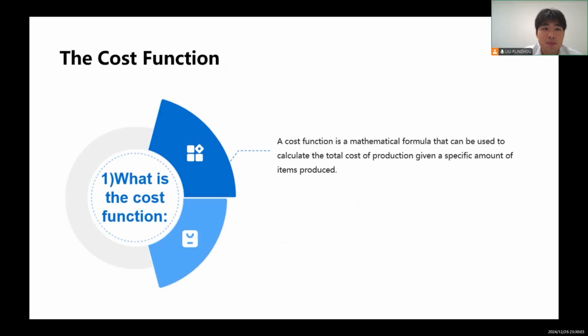Well, let's talk about the last function, the cost function. The first question is also, what's the cost function? A cost function is a mathematical formula that can be used to calculate the total cost of production given a specific amount of items produced.